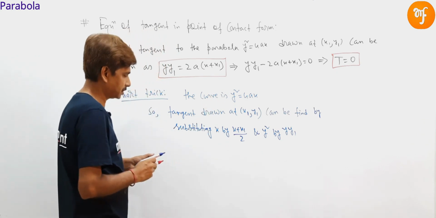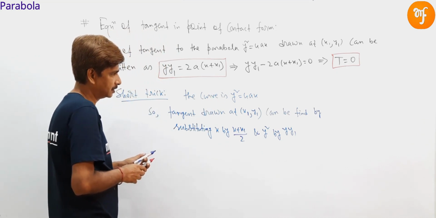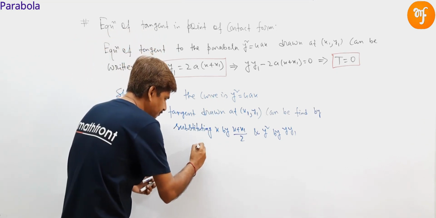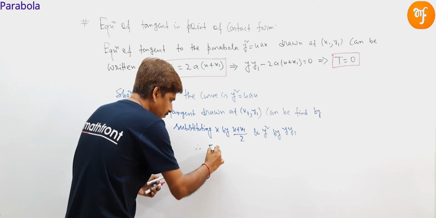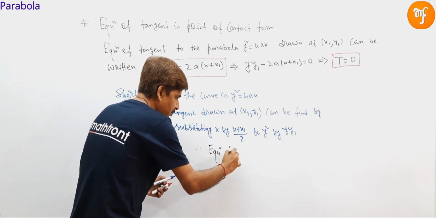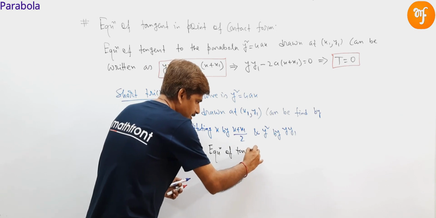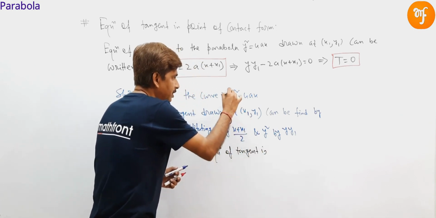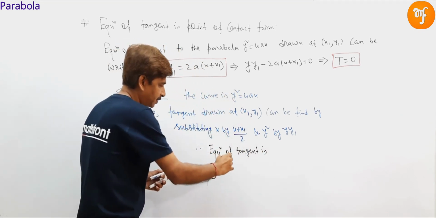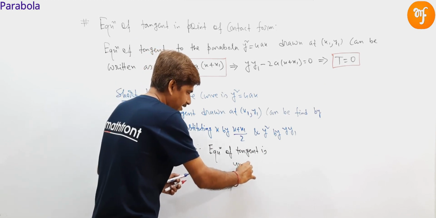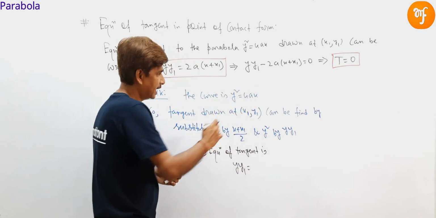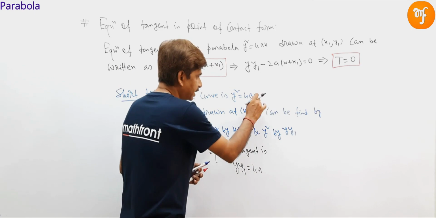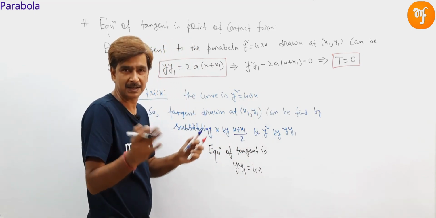So what will be the equation of the tangent? Therefore, equation of tangent is, look, we are substituting this y square by y into y1 in the equation of curve, and is equal to 4a, x is substituted by x plus x1 by 2.